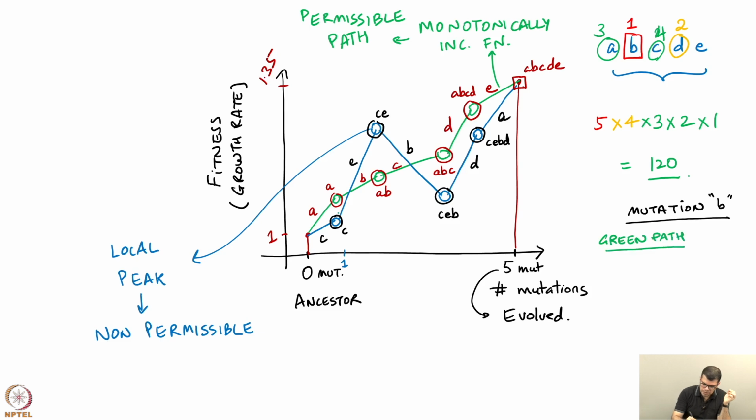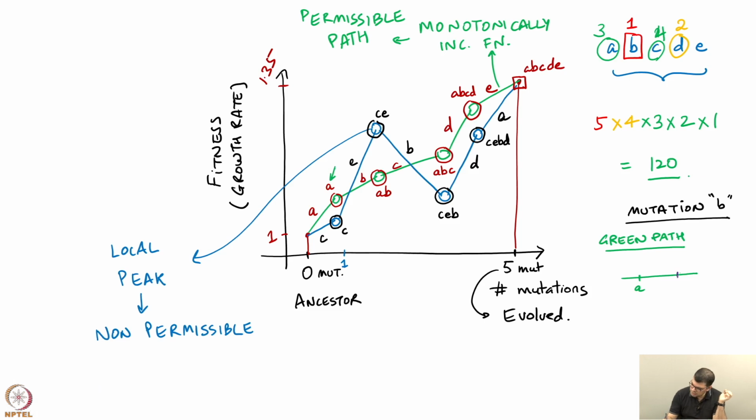On the green path, the mutation B occurs on a genotype which is already carrying mutation A. So, mutation A is already present on the genotype when B happens, and on this genetic background the new mutation B takes place.